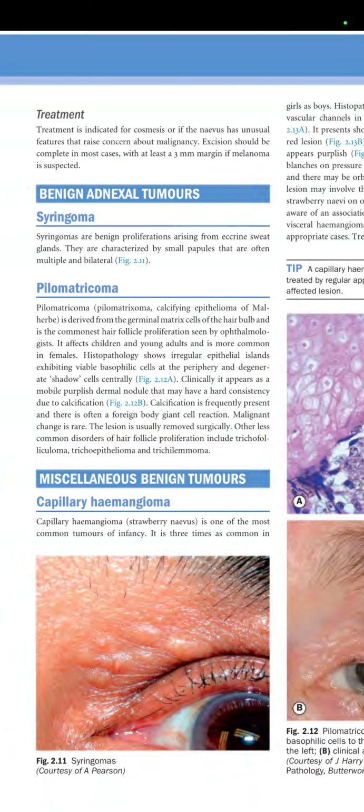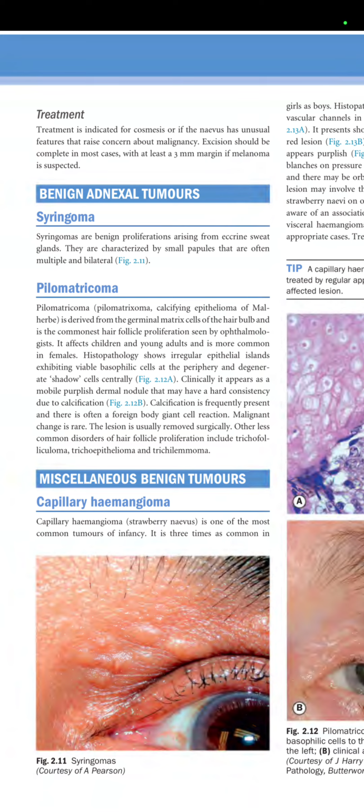Pilomatricoma, or pilomatrixoma, calcifying epithelioma of Malherbe, is derived from the germinal matrix cells of the hair bulb and is the commonest hair follicle proliferation seen by ophthalmologists. It affects children and young adults and is more common in females.